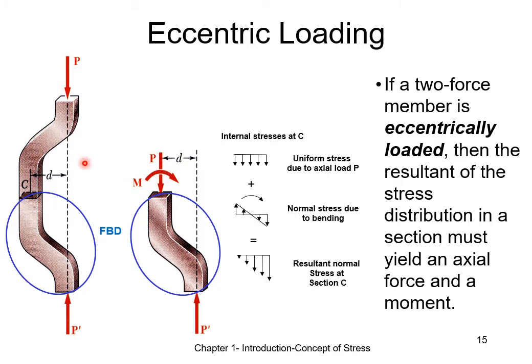The stresses created will be the sum of the stresses due to uniform loading plus the normal stresses due to bending, and this itself is the resultant stress at section C. Do not worry about the drawings here, which will come in at later chapters.